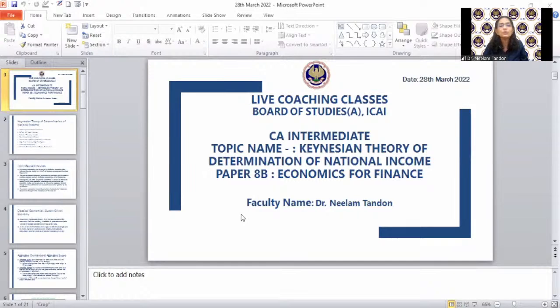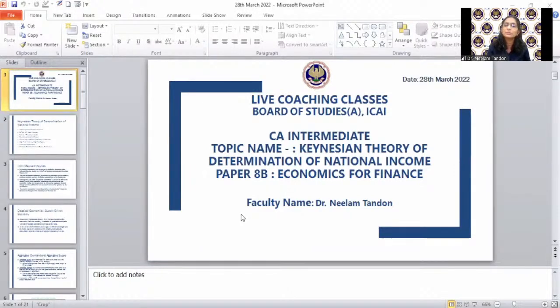Ex ante means you are going to analyze for the future, what is going to happen in future. Ex post, what we have studied, is national income accounting, where the act has already been done. You are analyzing accounts of the country after the records are maintained. But here you are talking about the future: how people are going to consume, how income will be generated in the country, how much savings there will be, how investments are going to generate further income in the economy, how exports are going to take place, how much production there will be.